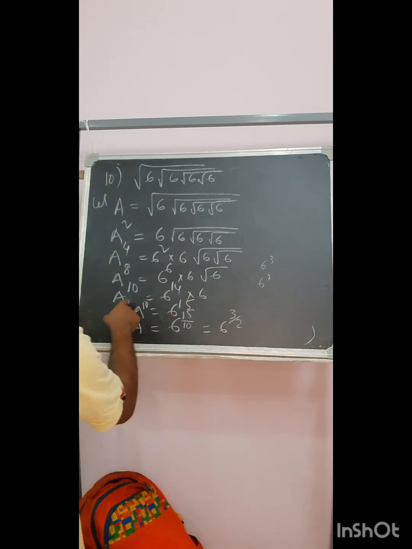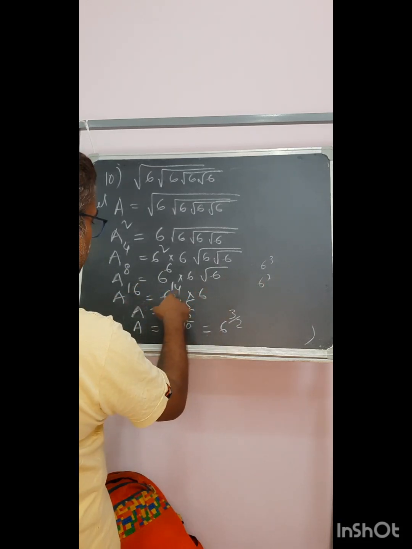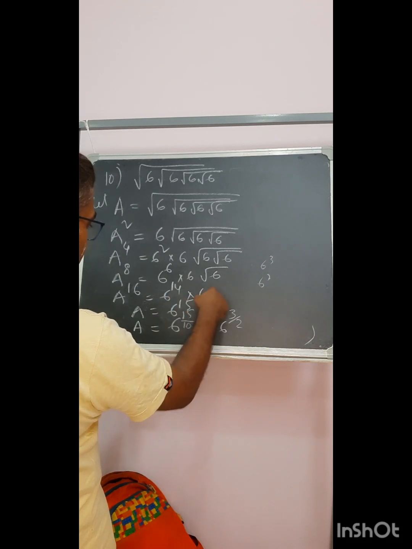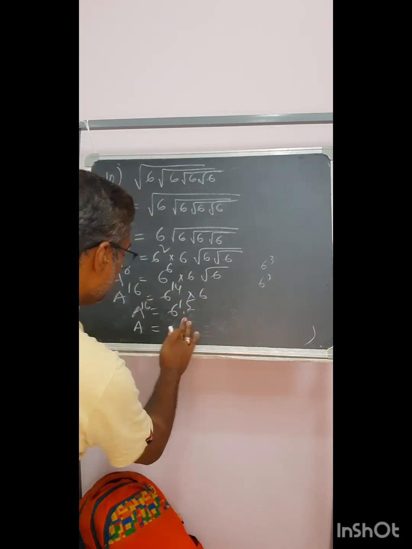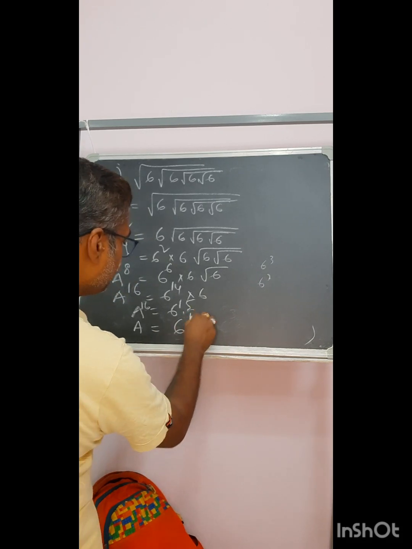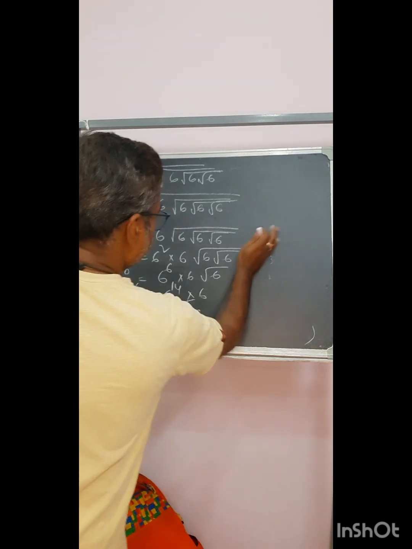Then 7 I am squaring up again. Sorry, this will be 16. I made a mistake somewhere. This will be 14 plus 1, so this will be 16. So the result will be 6 to the power 15 by 16. Sorry, this will be your ultimate answer.